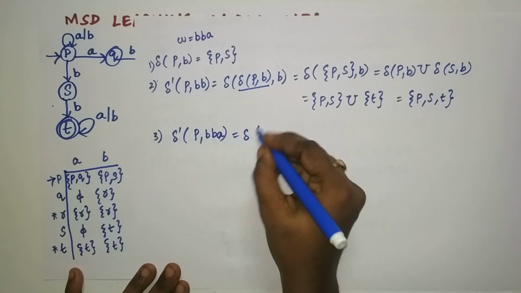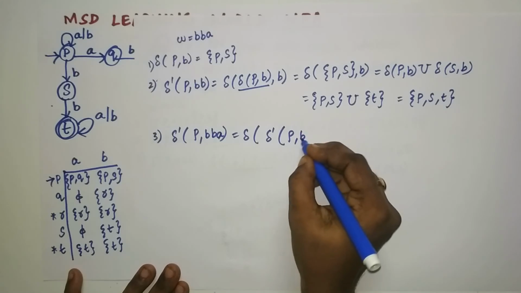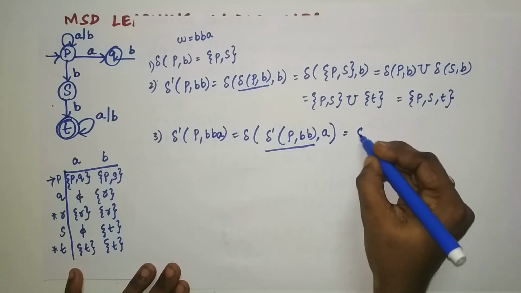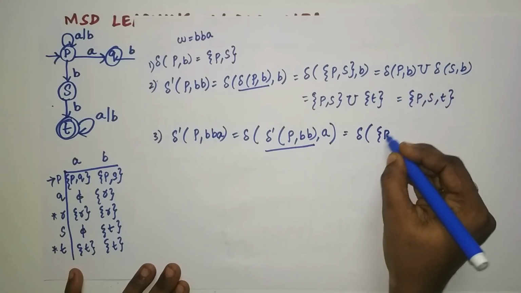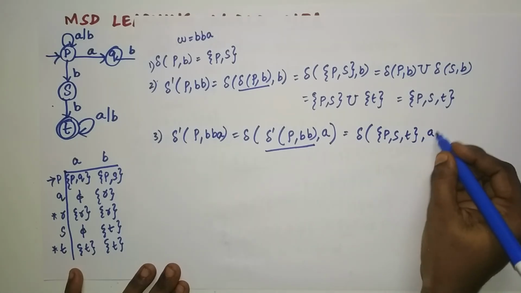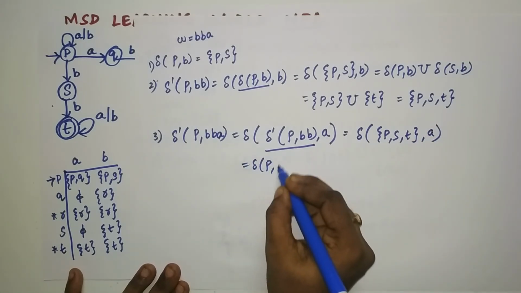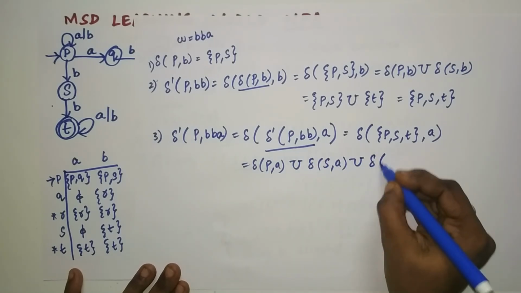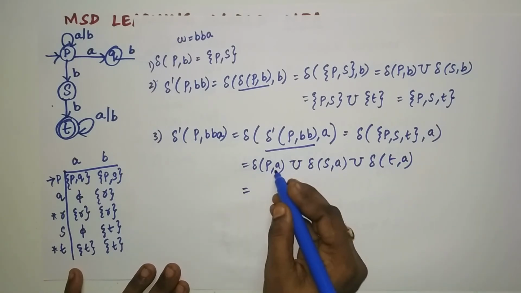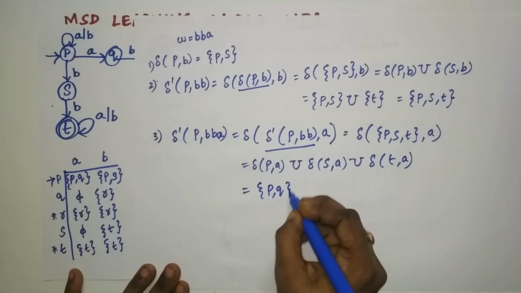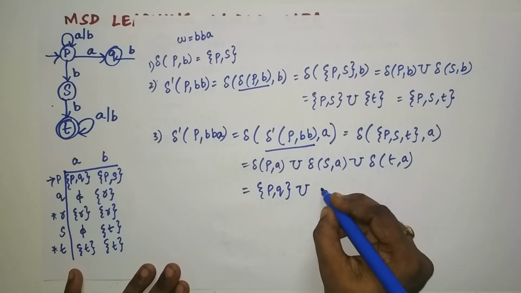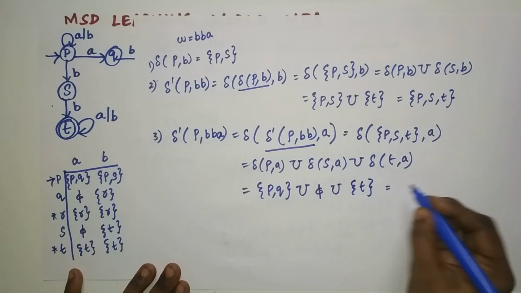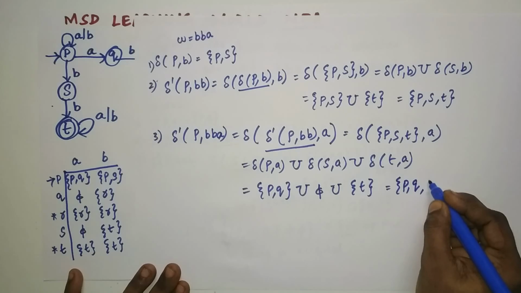This can be rewritten as del dash of P comma BB, comma A. Del dash of P comma BB is already found in the previous step, that is {P, S, T}, comma A, which is equal to del of P comma A union del of S comma A union del of T comma A. Del of P comma A is {P, Q}, union del of S comma A is empty, union del of T comma A is T. So your result will be {P, Q, T}.